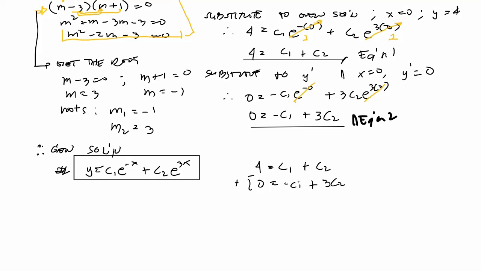Since we have a negative here, let's just add these so we can cancel out C1. So we have 4 plus 0 is equal to C1 plus negative C1, so 0, plus C2 plus 3C2, so we have 4C2. So we have 4 is equal to 4C2, and we can get the value of C2 by dividing both sides by 4. Therefore, C2 is equal to 4 over 4, or 1.